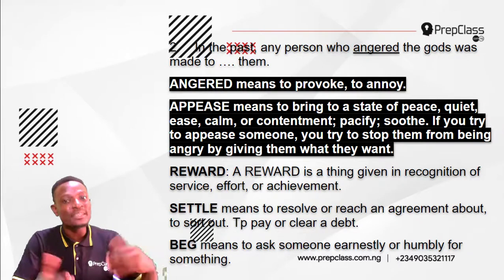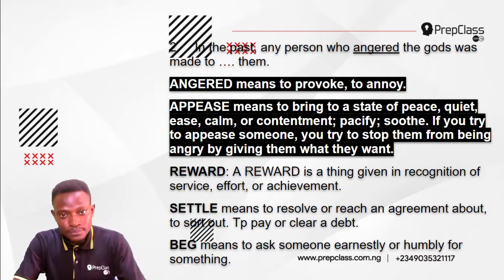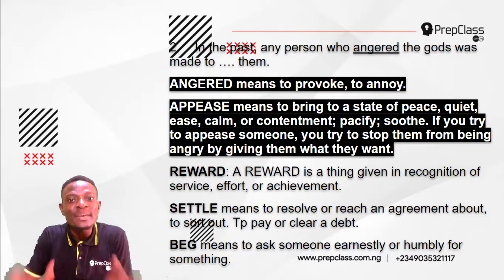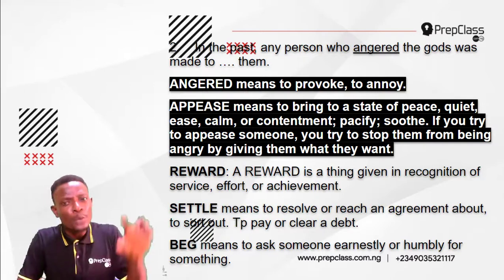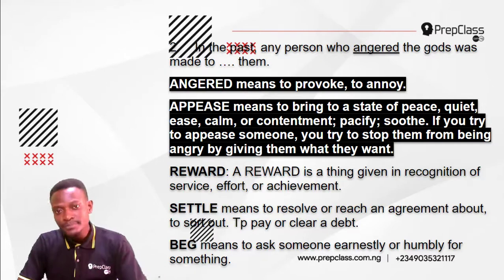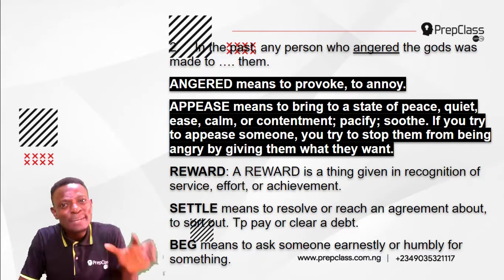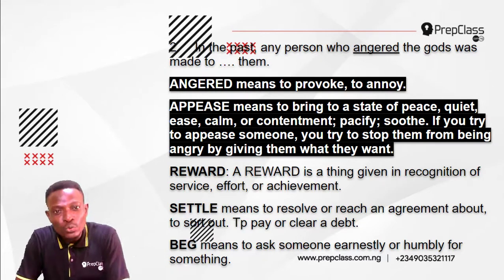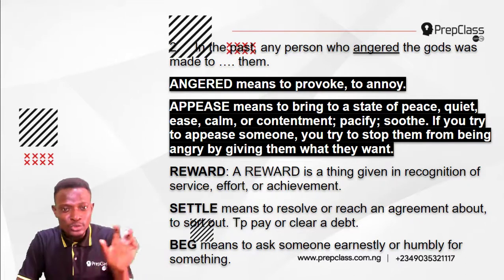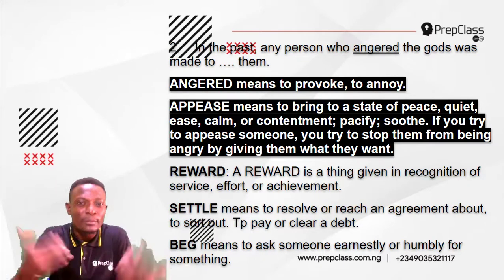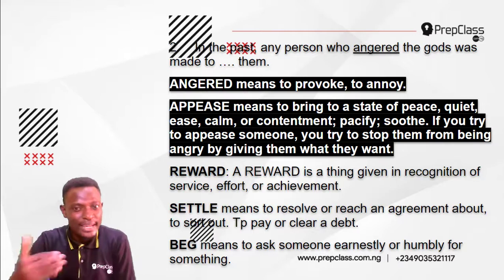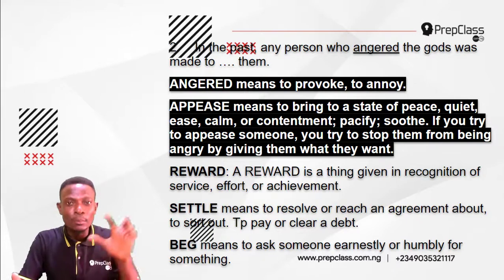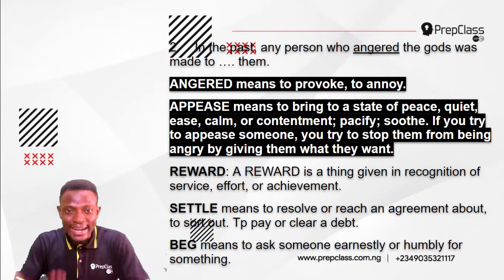Appease means to pacify, to soothe. Now, if you try to appease someone, you try to stop them from being angry. So, in the past, any person who angered the gods was made to appease them. When you try to appease someone, you try to stop them from being angry by giving them what they want. So, the most nearly opposite meaning to anger is appease.